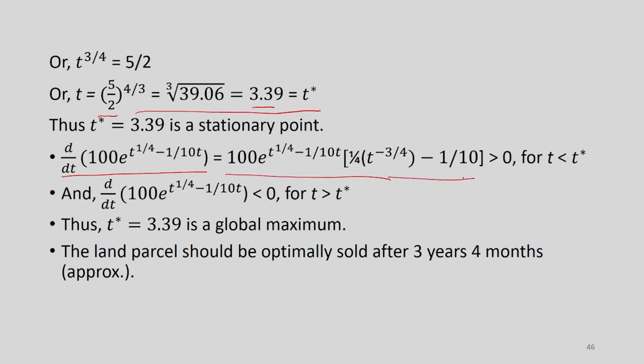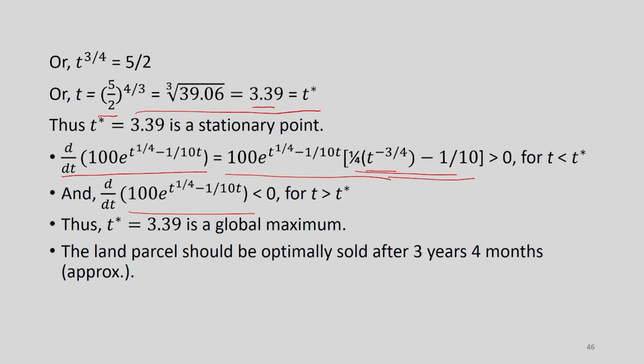Now, if t is less than t star, then this will be greater than 0. And if t is greater than t star, then this first derivative will be less than 0. The reason is that t is there, but t's power is negative. So, this will be 1 divided by t to the power 3 by 4.